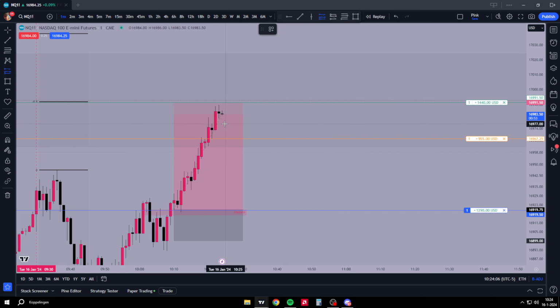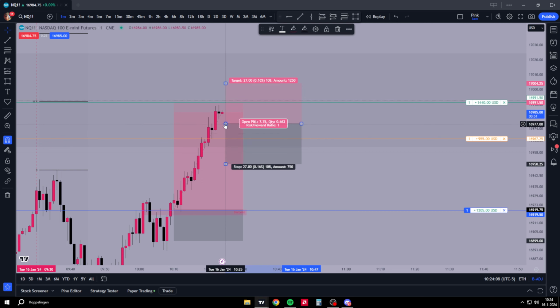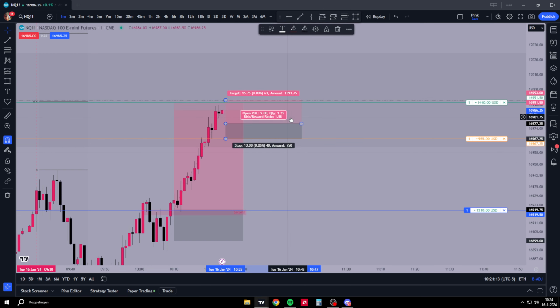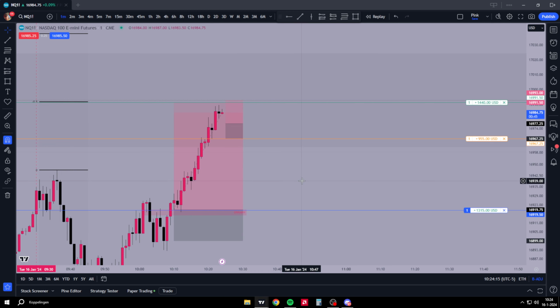This already could be a trade. We sweep the high, but we haven't hit the target yet. So if you tap the order block, and then boom. Patience. TP would have been hit like 400 times.